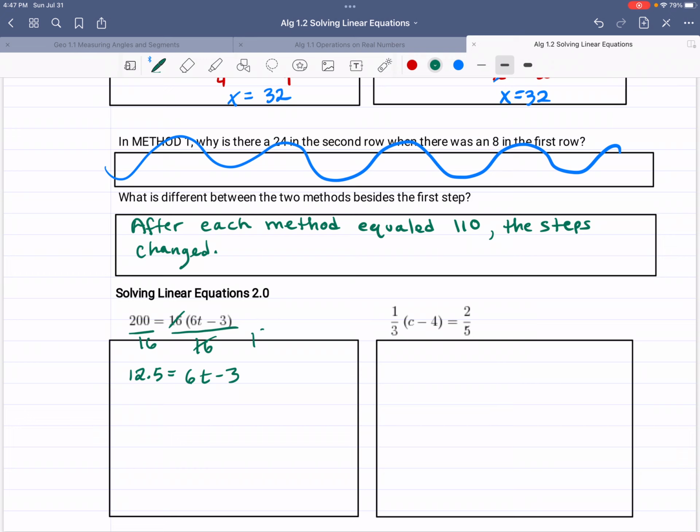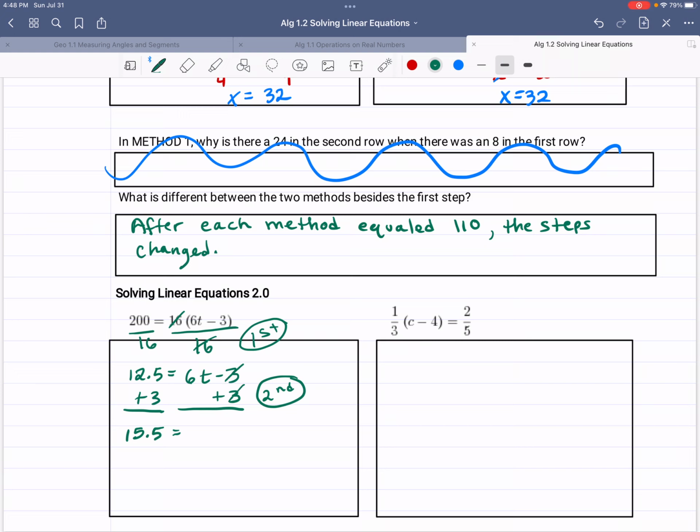So this was our first step. We divided by 16. And our second step is we're going to add 3 to both sides. That's our second step. 12.5 plus 3 is 15.5. And that's because the 2 and the 3 are in the ones place. So I know I didn't line up those decimals very well, but you should know that we're going to add the 2 and the 3 because those are both ones in the ones place.